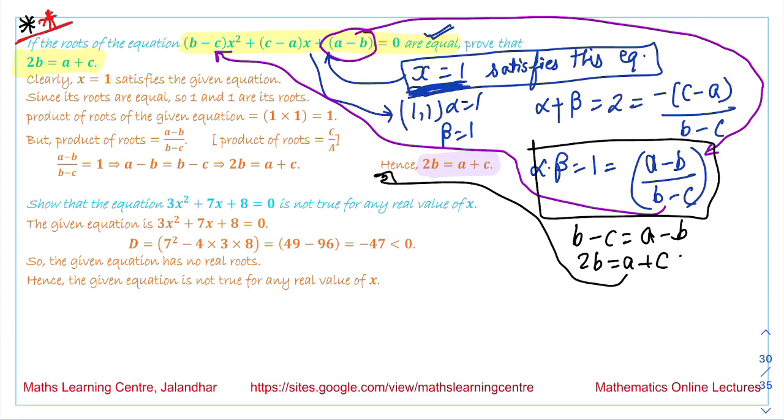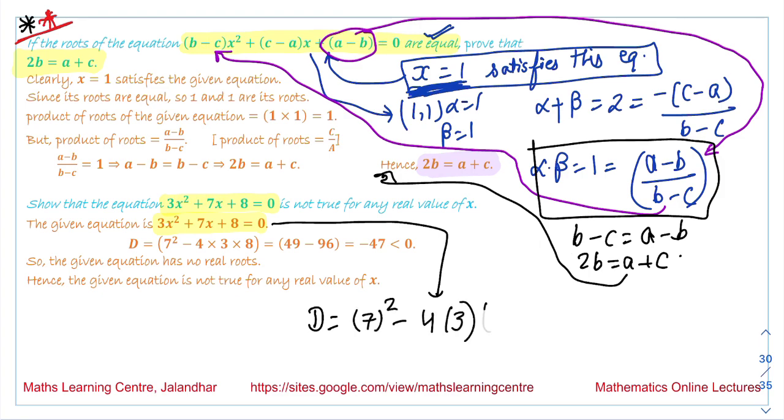Next is, show that the equation is not true for any real value of x. So we are saying this equation is given to us. If we calculate the discriminant for this, it is b square minus 4ac.